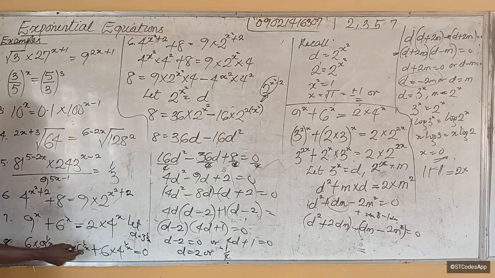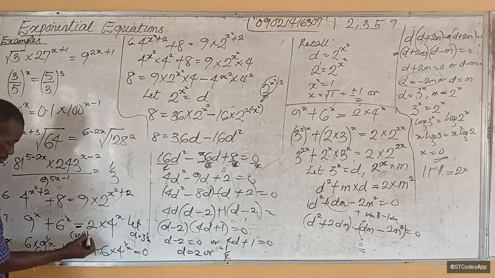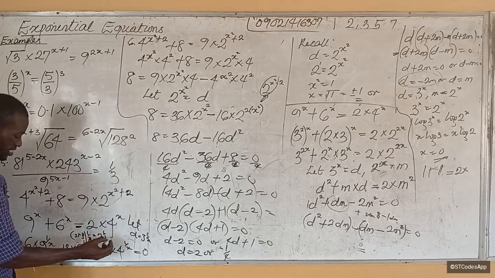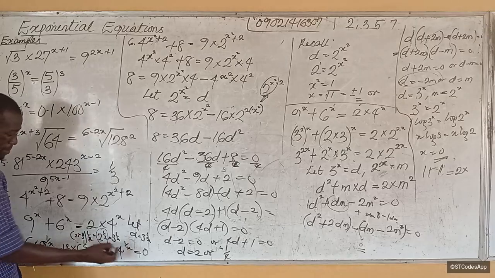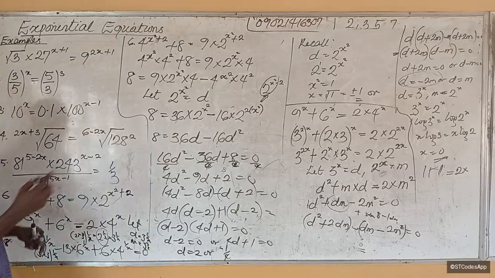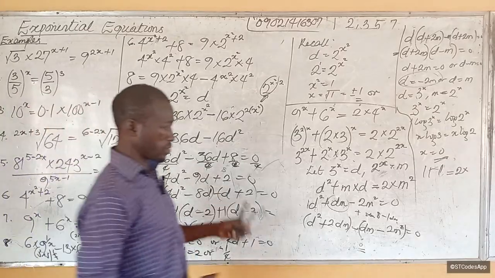Is that clear? Then for this case, there will be 2 times 3 raised by 1 over x here. So it will be equal to 3 raised by 1 over x times 3 raised by 1 over x. So here you make m now be 3 raised by 1 over x. If you do it that way, you get an answer just like we did here.